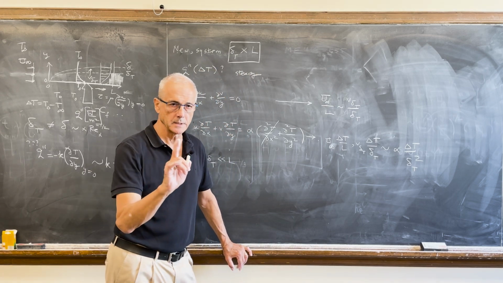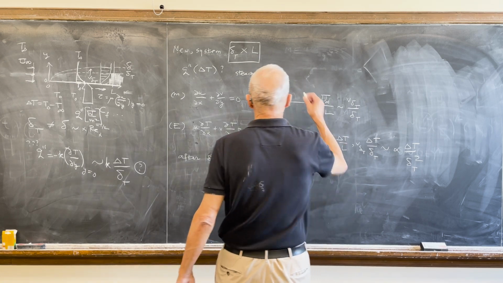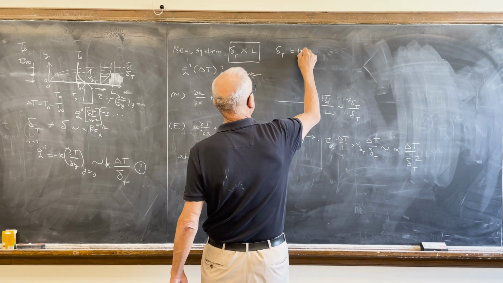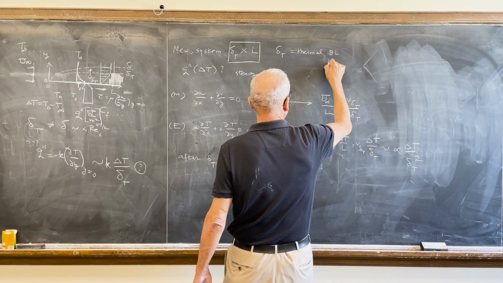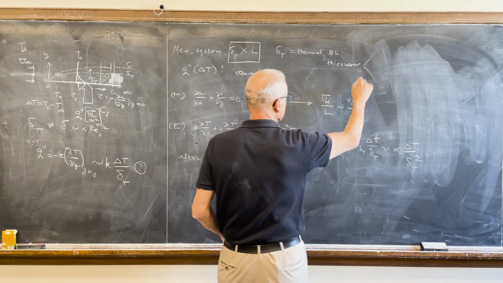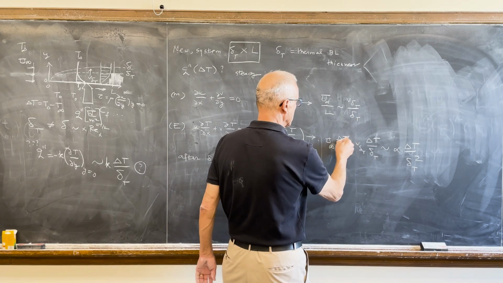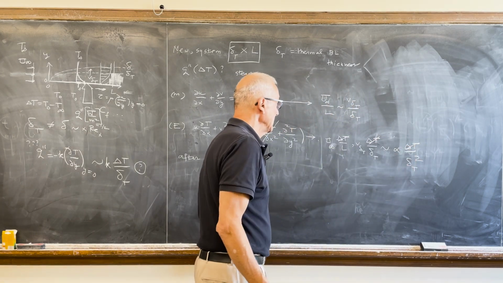Your unknown is the thermal boundary layer thickness. So delta sub T is called thermal boundary layer thickness. You simplify your life by dividing that way.